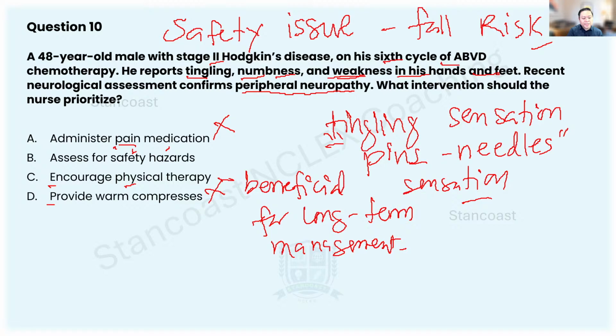It can be, but not the immediate priority this time. So we have letter B as our best answer. Assess for safety hazards. This is going to be our correct answer this time.